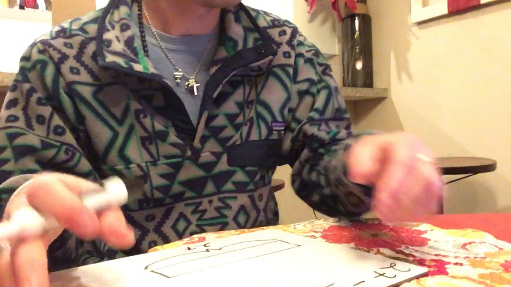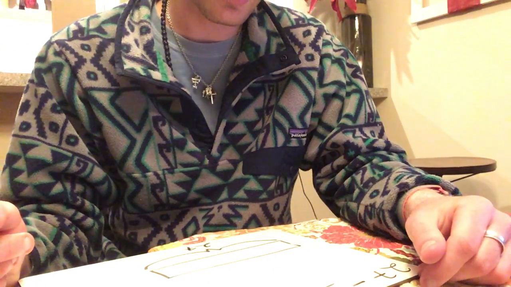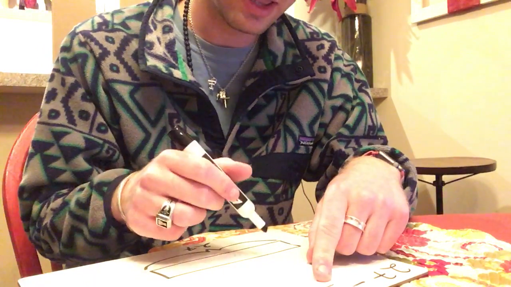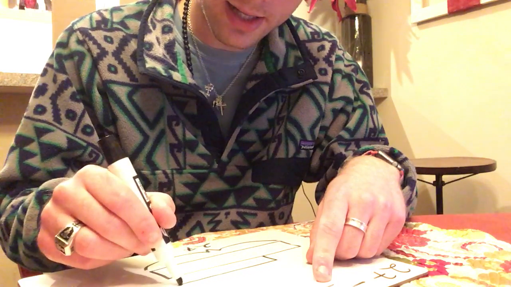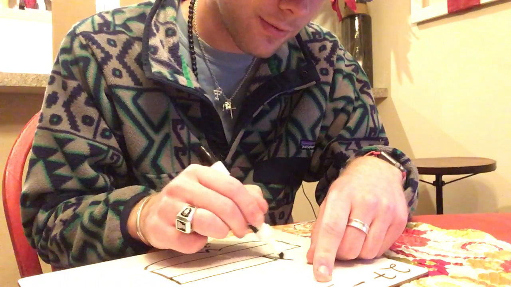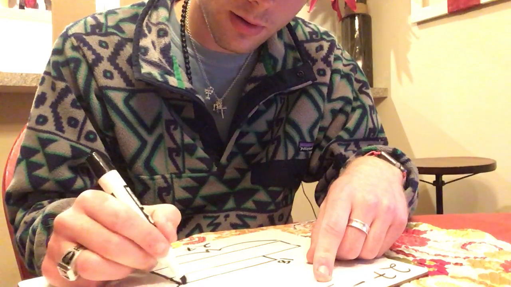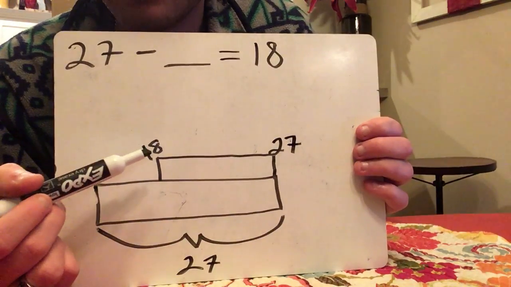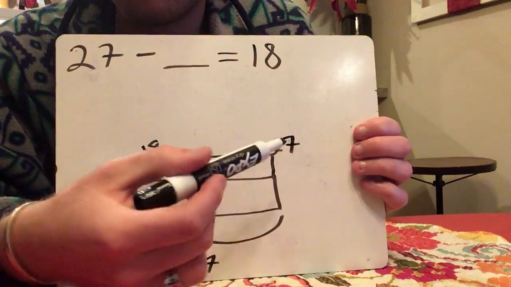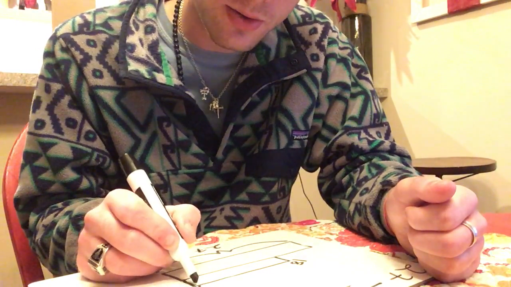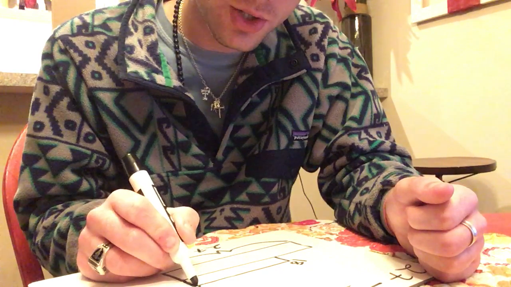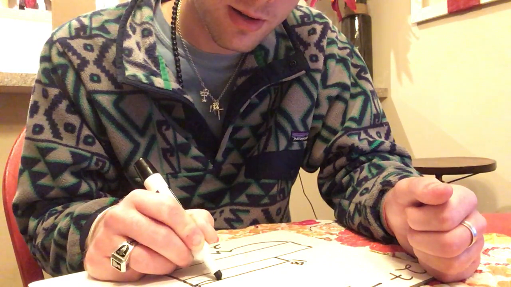And then it says he ate, we don't know how many pieces he ate, but he had 18 pieces of candy left. So we're going to represent it by this 18 right here with our 27. So now what we're going to do is reverse count, or count backwards. And I'm just going to do it, let's try a jump by 5 first.